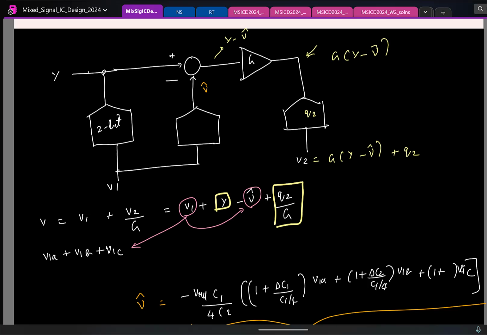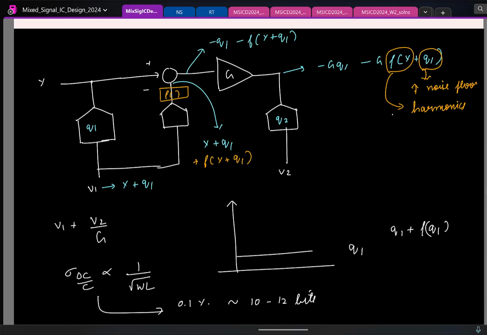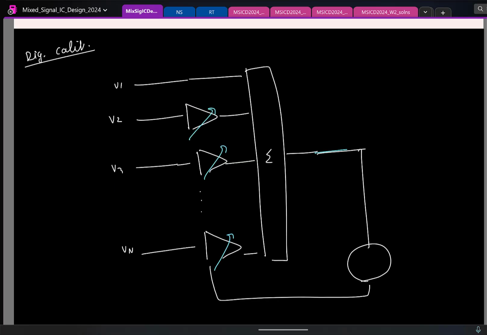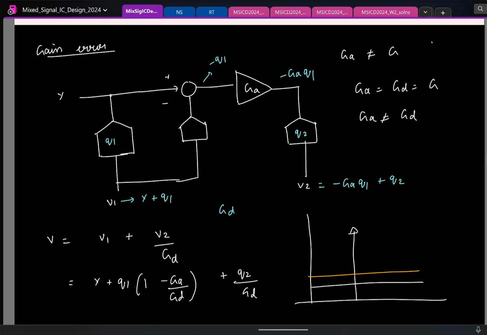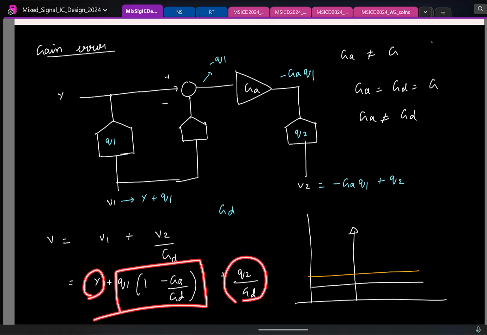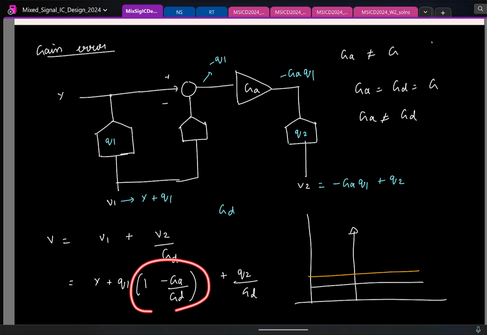Cool. In the last class we also saw what happens if the gain we have is not exactly the value you want. Ideally you want this gain to be equal to some G, but in practice this analog gain cannot be made exactly to the value you want. If there is a mismatch between the analog and the digital gain, then along with the required term, the quantization noise from the previous stage doesn't completely get cancelled, and you have a portion of it up here.